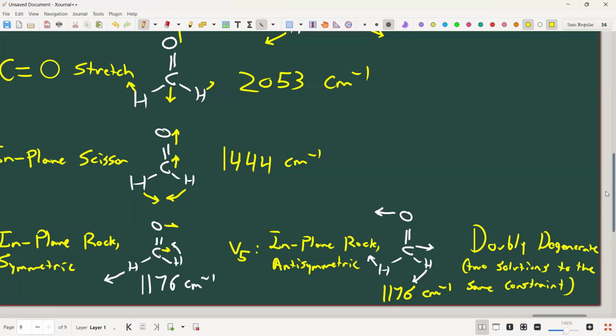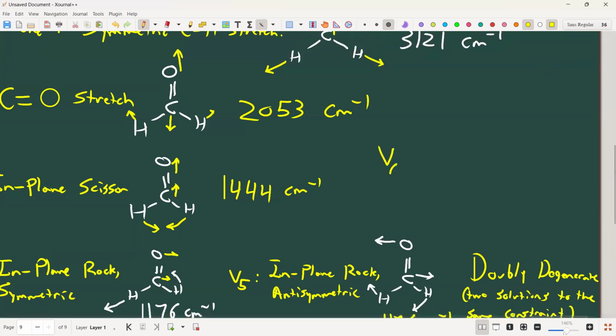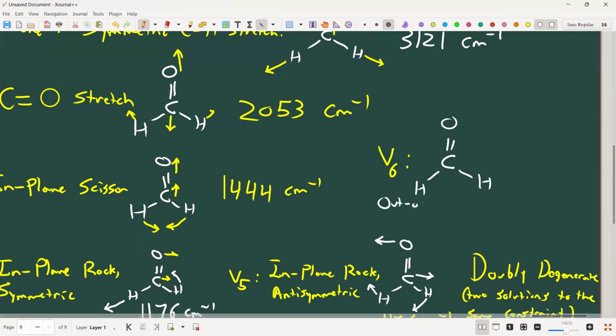And finally, the last one, which is my favorite one, so I've studied it. It's the out-of-plane rock, where the system is jerking forward and backwards out of the plane.